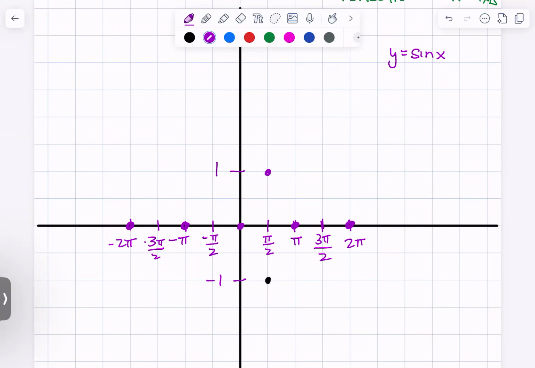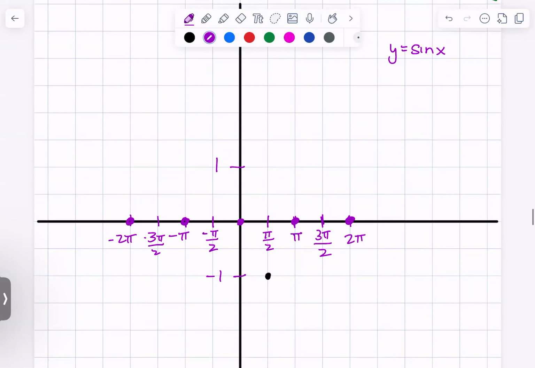Okay, vice versa, at 3 pi over 2, my original point is at negative 1. I'm going to reflect it, 2 units up. So 1, 2 units up there. Okay, up here. All right. So then my graph would look like this. Right? It's just a flipped version of it.